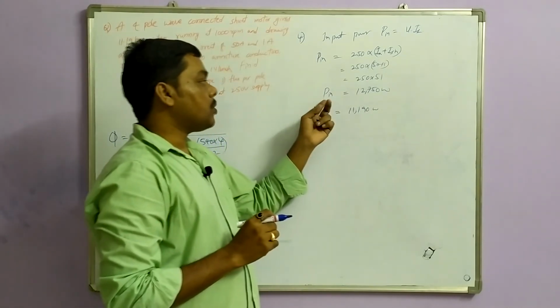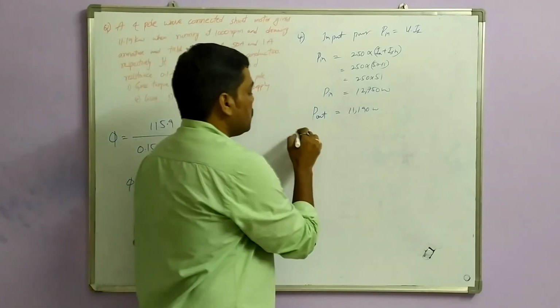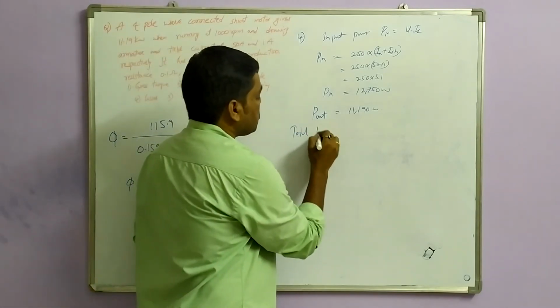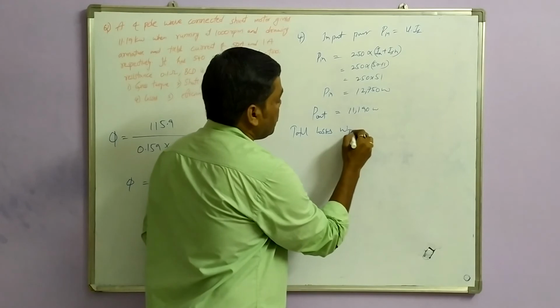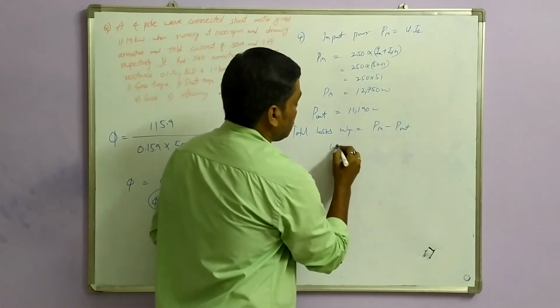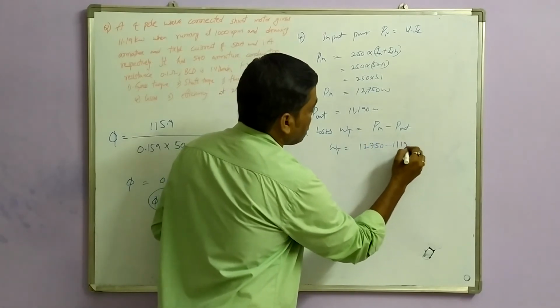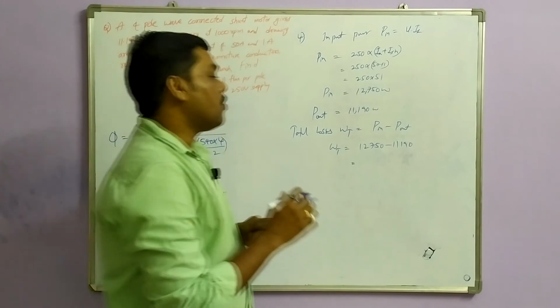Now total input power is there, total output power is there. So what is the total losses? So total losses, WT is nothing but P in minus P out. So WT is equal to 12,750 minus 11,190.